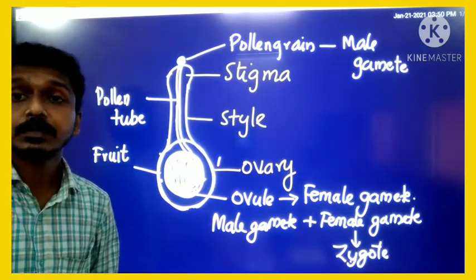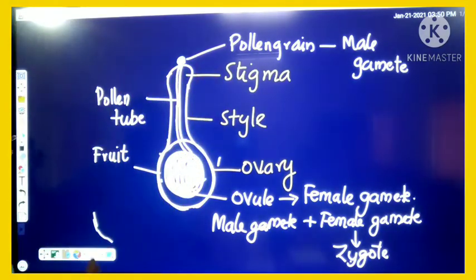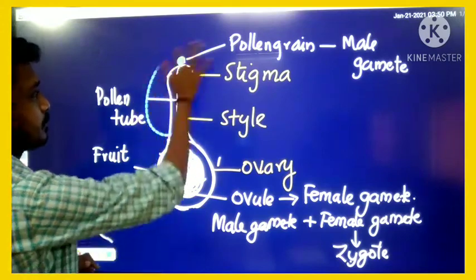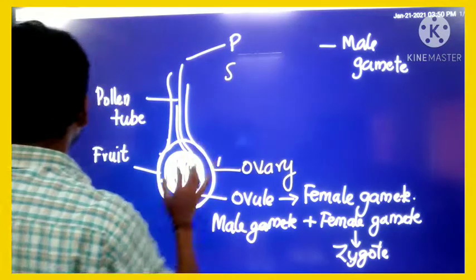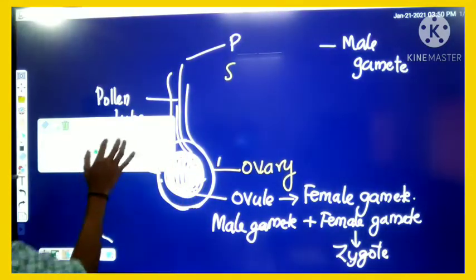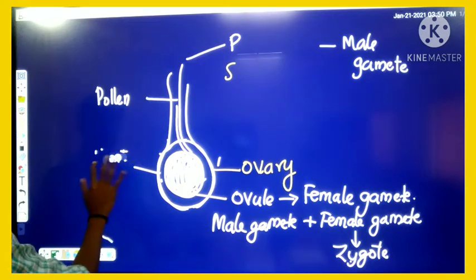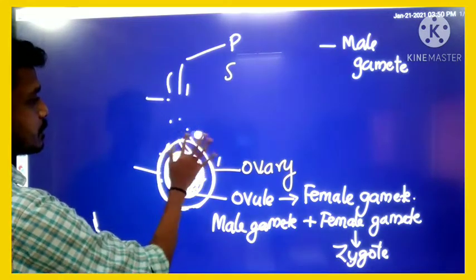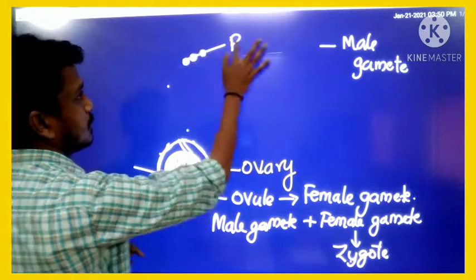While the seed and fruit form, all the other parts, style, stigma, everything, flow from here. During the formation of seed and fruit, all these parts of the flower flow from here.